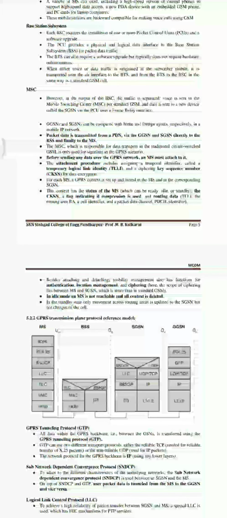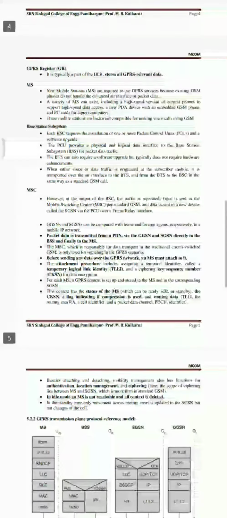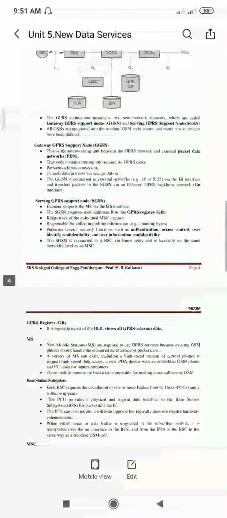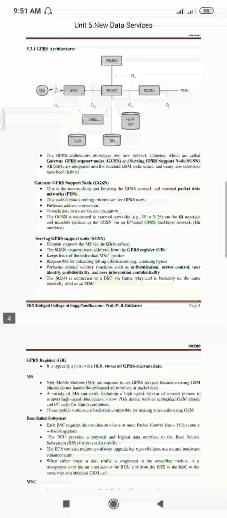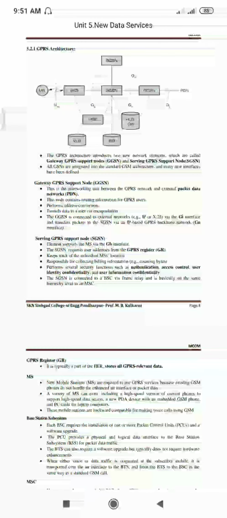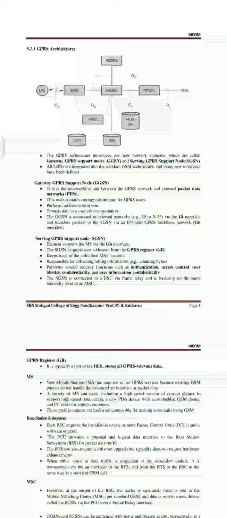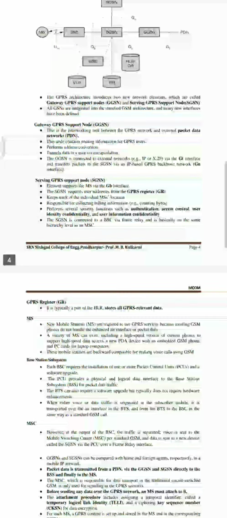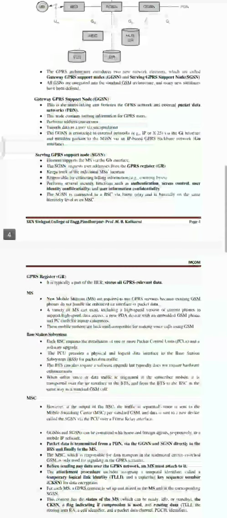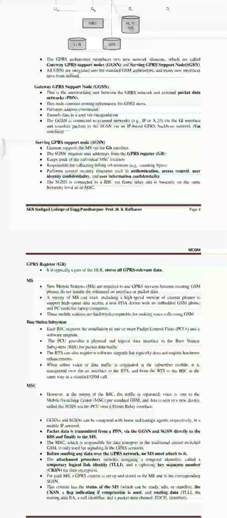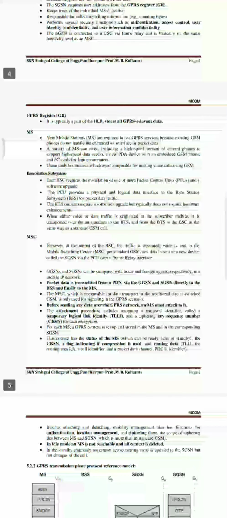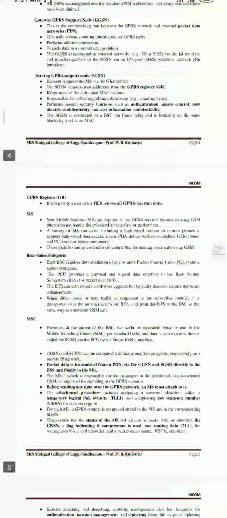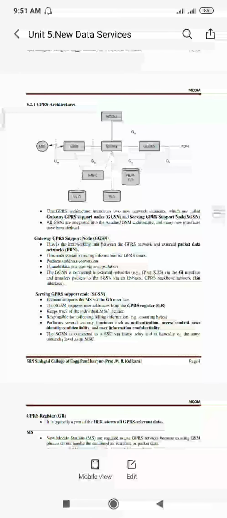This is all about the elements of GPRS architecture. So we have seen the different elements such as the gateway GPRS support node, the serving GPRS support node, the GPRS register, the mobile station, the base station subsystem, and the MSC, that is mobile switching center, which are part of this GPRS architecture.